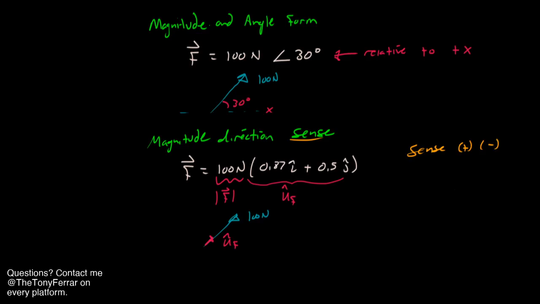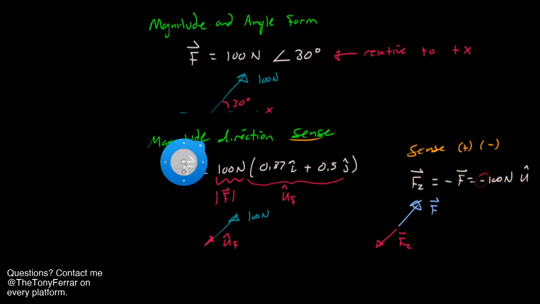So for example, I could come up with a second vector that we call F2 and say that it is equal to the negative of F. In other words, it is minus 100 newtons multiplied by that u hat F. And what you would have is, if our original vector pointed up like this, this was our F, F2 would be the same size vector pointing in the other direction just by multiplying it by a negative sign. And so we would say that this vector has a negative sense in the u hat F direction.